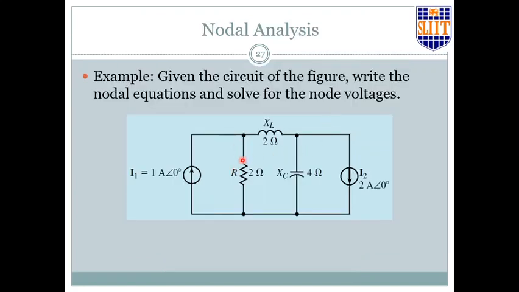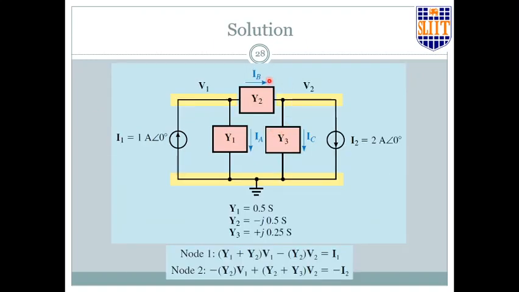As you can see, all the resistances and reactances are now represented by admittances instead of impedances, to make the analysis easier for nodal analysis, because now the current I will be V times Y. We want to write I as V divided by Z, but Z is 1 upon Y, so I is V times Y. Let's look at that.